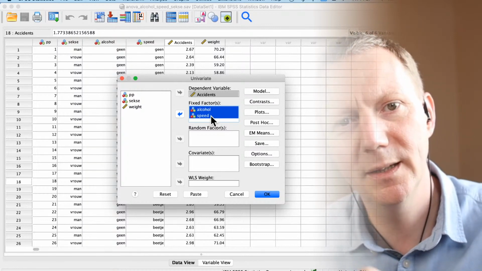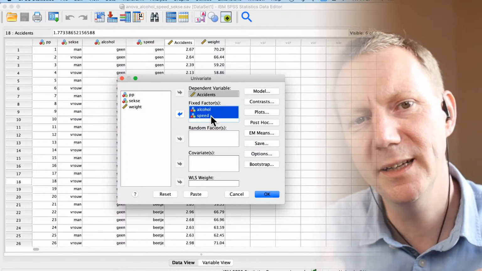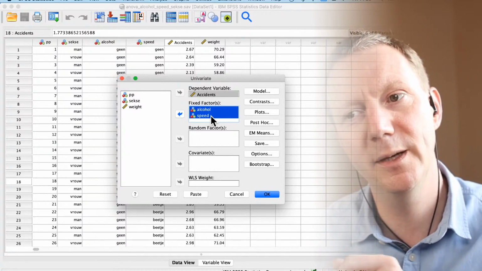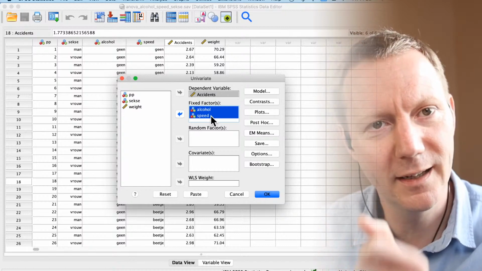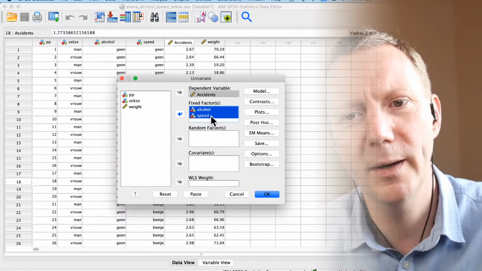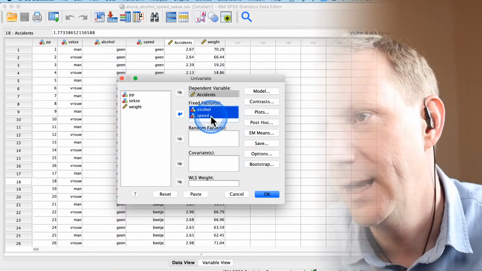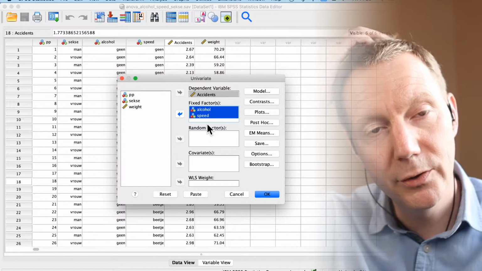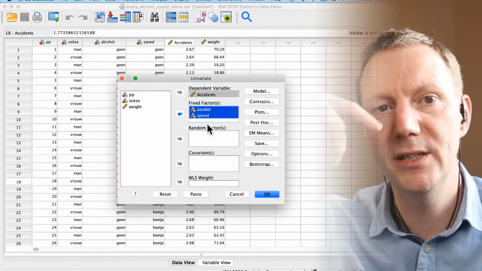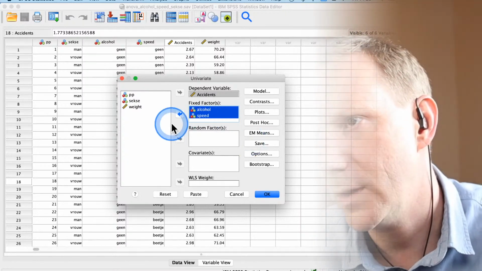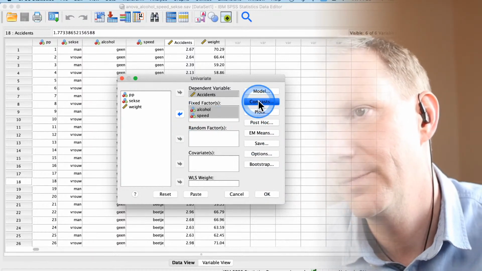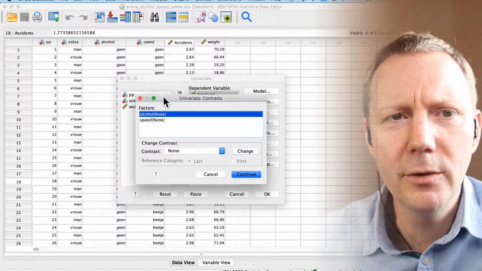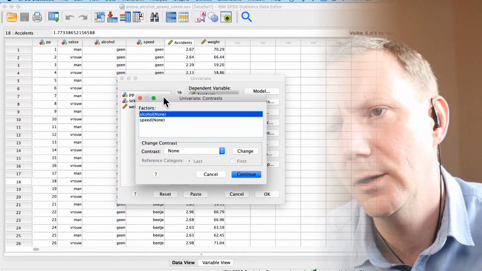Is it between no speed and a little speed, or between no speed and much speed, or is there only a difference between much speed and a little speed? So we have to find out where these differences are. And as we've discussed earlier, you can do two things. Either you could have hypotheses about these differences where you could run your contrasts, and where you had to manually fill in your contrast with the one-way ANOVA.